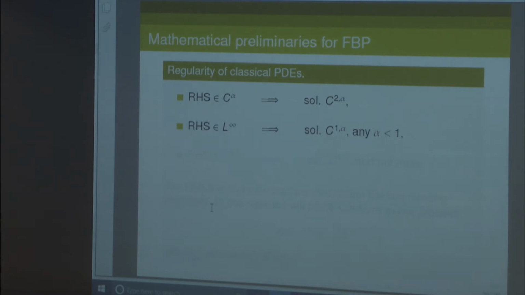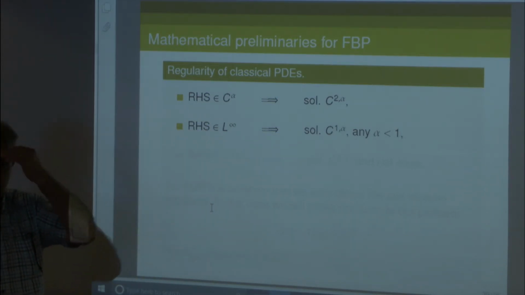Okay, so let's go to a little bit of classical PDE just to see what is what. If the right-hand side is C alpha, the solutions are C2 alpha. You can actually bring it down to Dini that I suggested yesterday.